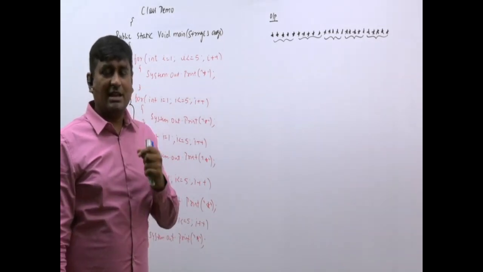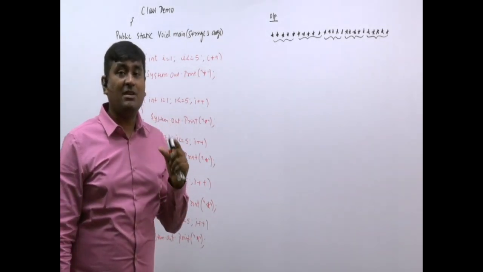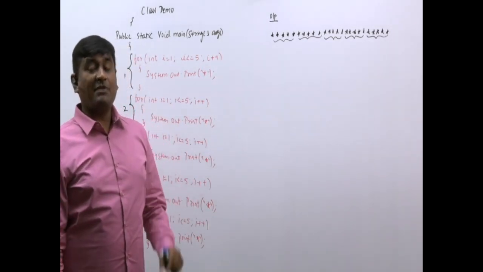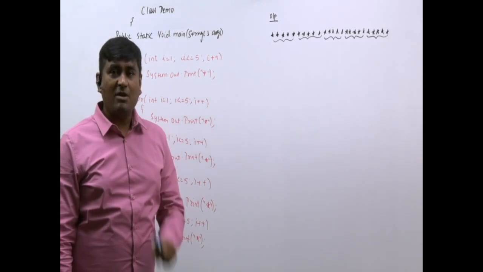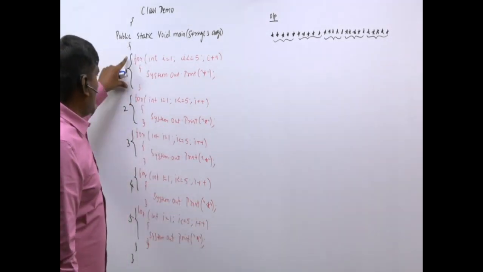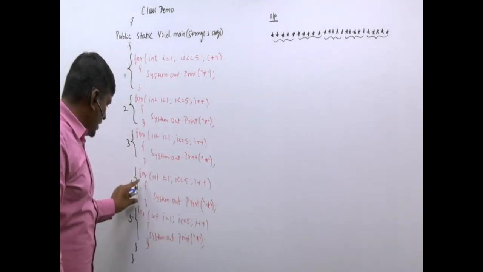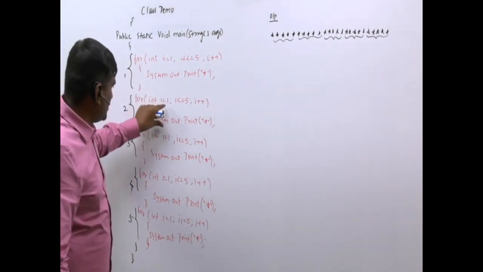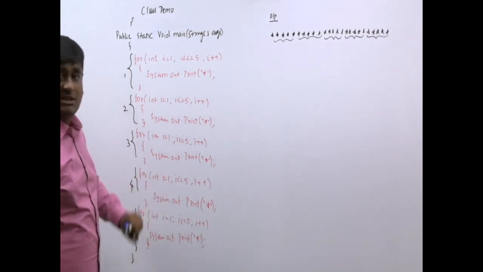But I told you one thing. Whenever the same lines of code are repeating, whenever the same task is repeated, instead of having multiple copies, how many copies should you have? One. See here, for loop, for loop, for loop, for loop, for loop. Same task. Here also displaying 5 stars, here also 5 stars.